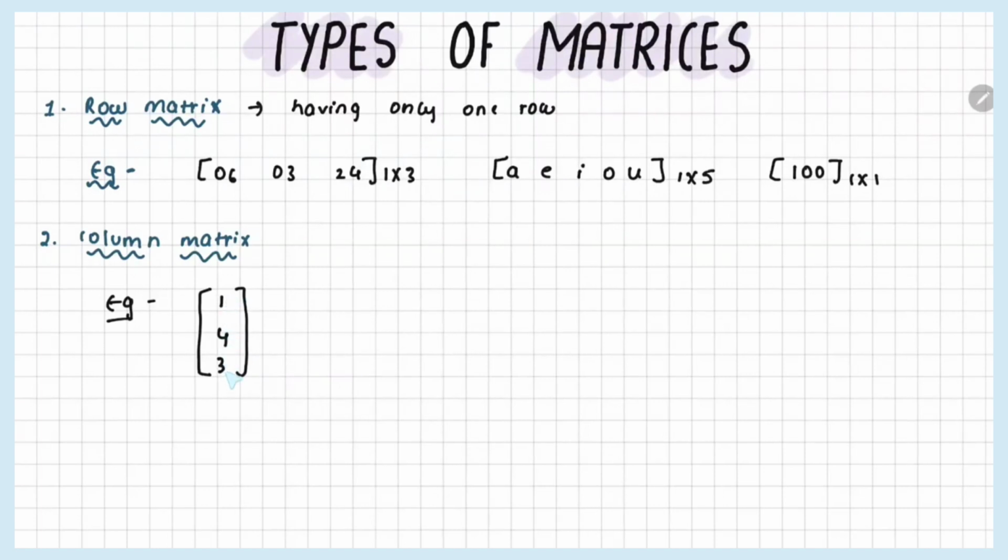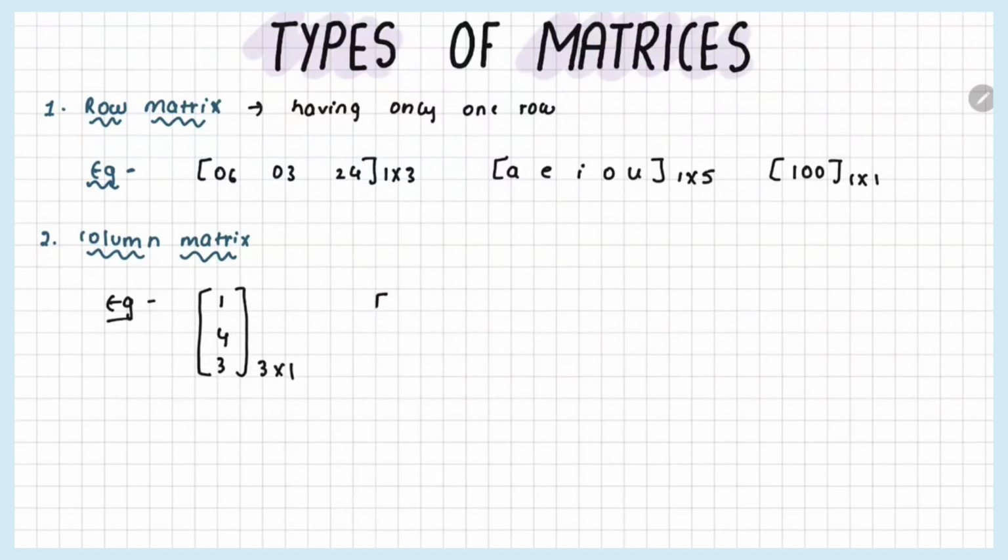Sorry, we have 3 rows and only one column. Row is a horizontal line, right? Column matrix means it must have only one column, but it has 3 rows. 1, 4, 3 are the rows. So it has only one column with 3 rows. What should you write here? 3 into 1, 3 rows into 1 column.